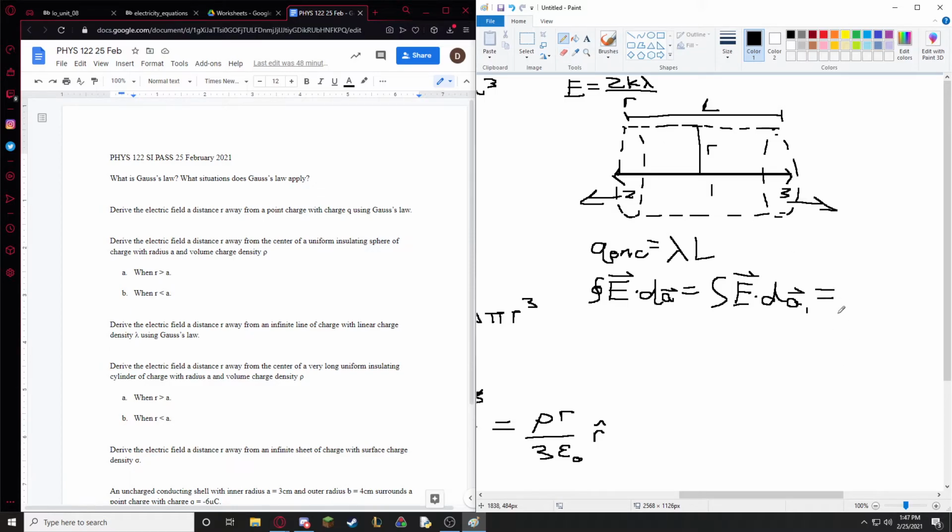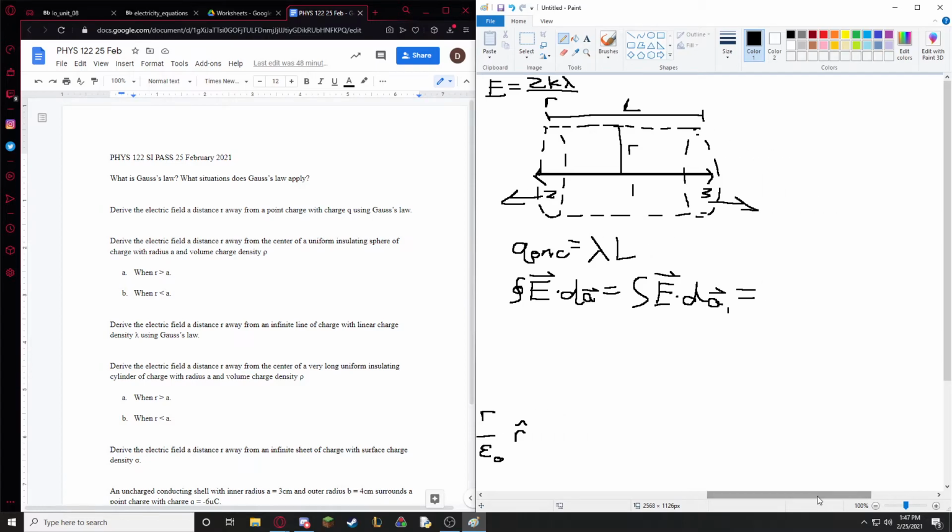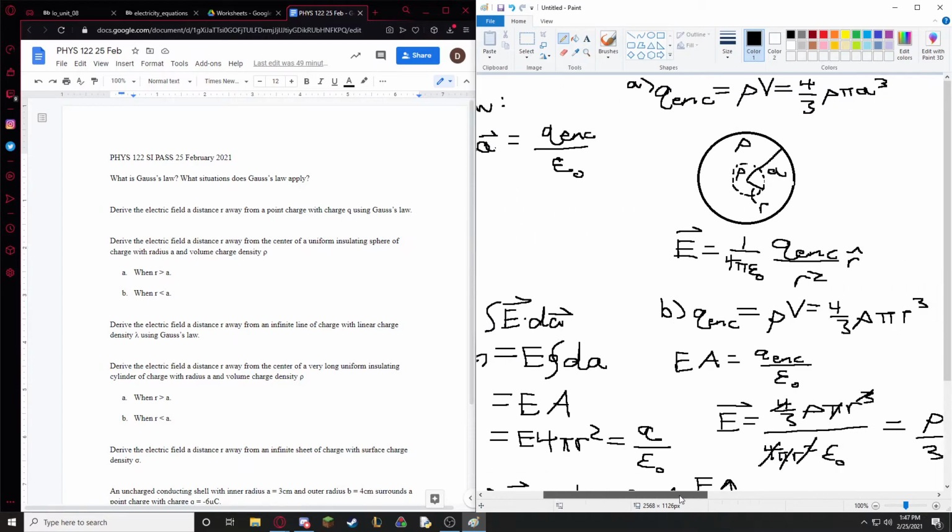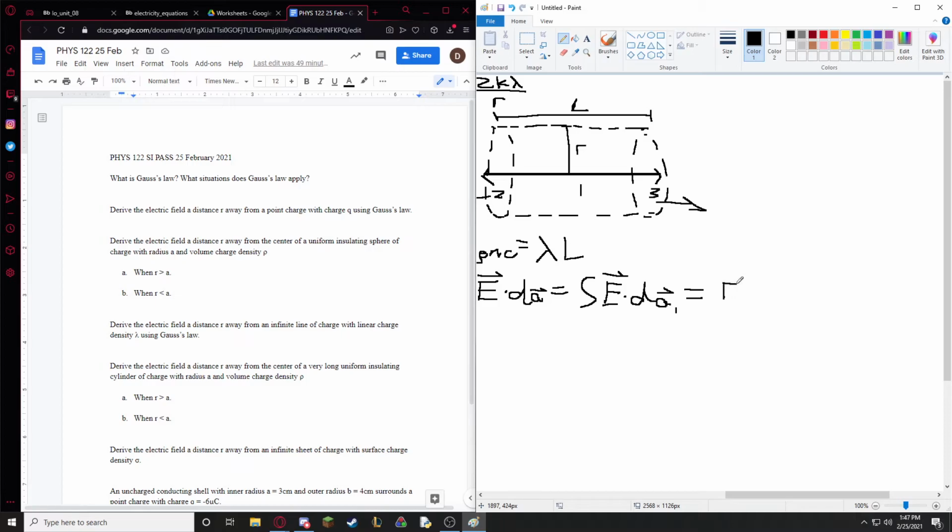And that means, is our electric field constant for a distance r? Yep, our electric field's constant. So once again, same thing as before. We can go ahead and pull our electric field magnitude out. And it's just the integral of dA1, which, remember, integral of dA is just the area.